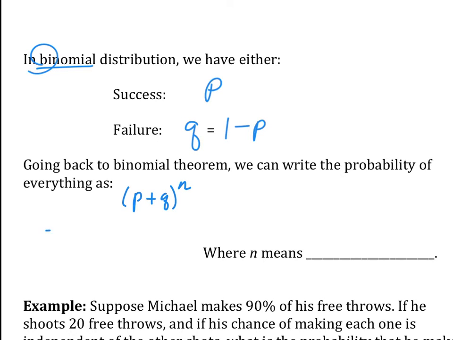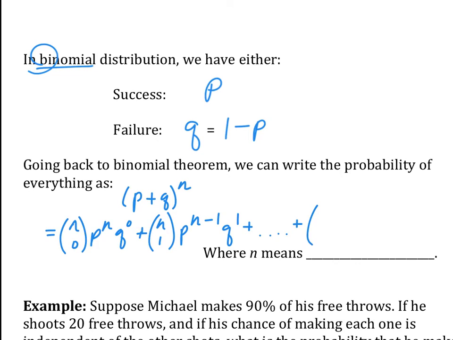Going back to the binomial theorem, we know this is going to be n choose 0 of p to the n, q to the 0, plus n choose 1 of p to the n minus 1, q to the 1, and so on until the last one is n choose n of p to the 0, q to the n. And n means the number of trials. So how many times do you try it?